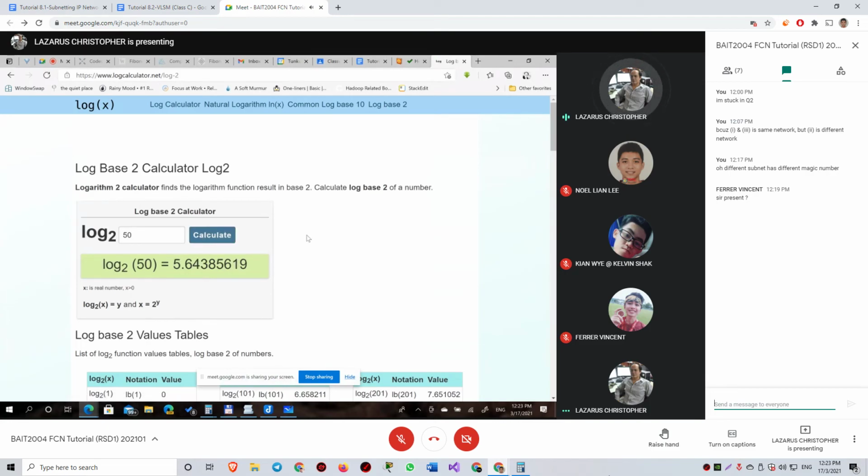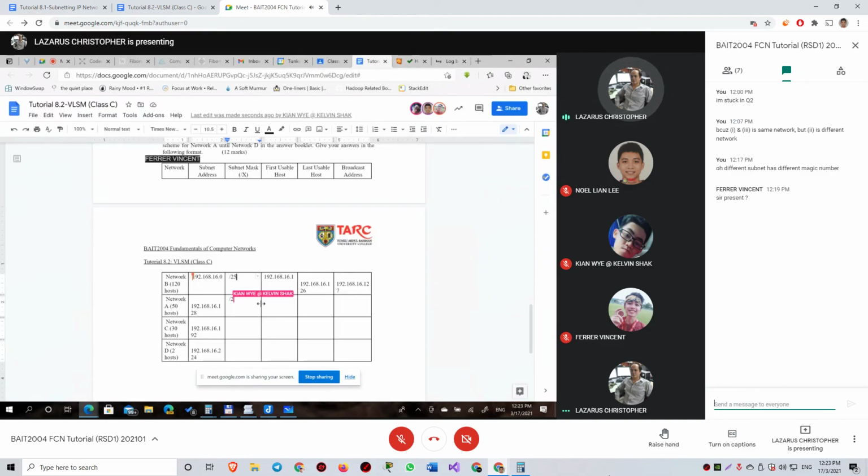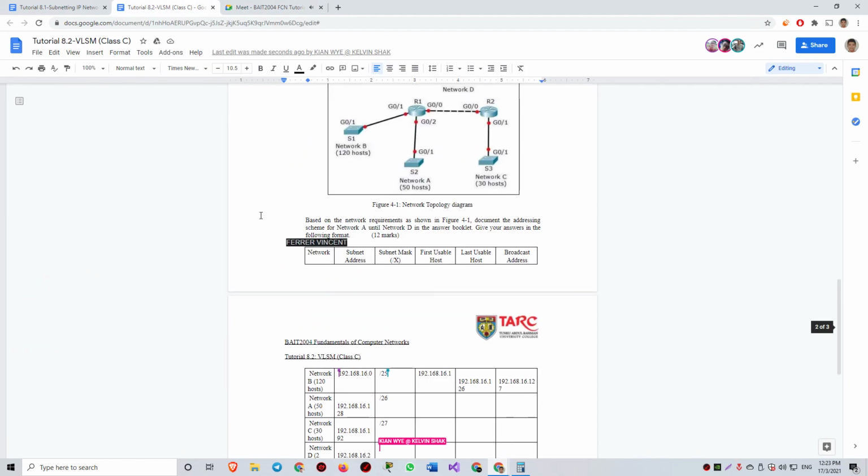So 6 bits. If 6 bits, that means 2 bits borrowed. Hang on, A, 50 hosts, /26. Okay, so that means /26.